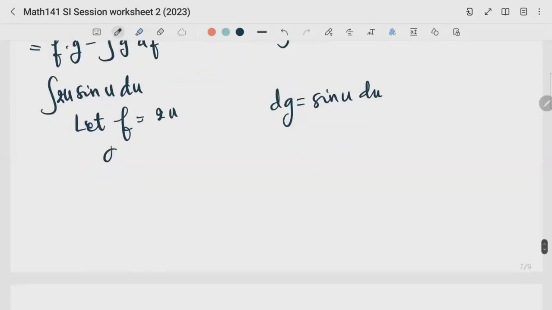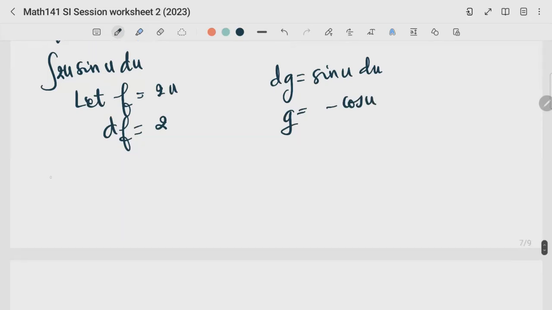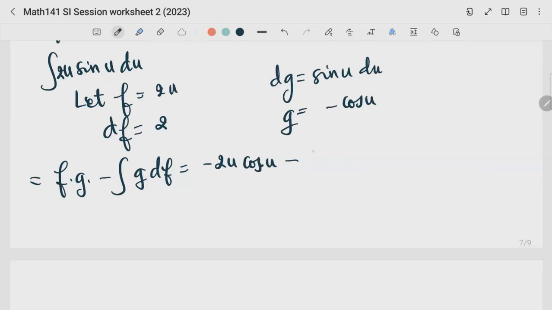And that would mean that our df is 2, right? And our g is negative cos u. And this would be equal to f times g minus the integral of g df. F times g is just negative 2u cos u, minus the integral of 2 times negative cos u du, right?